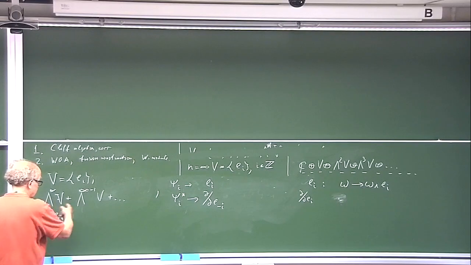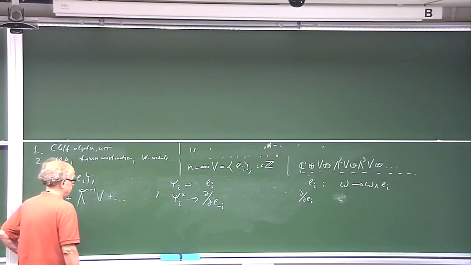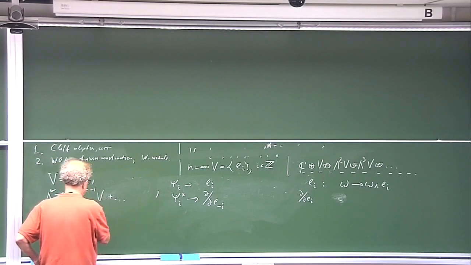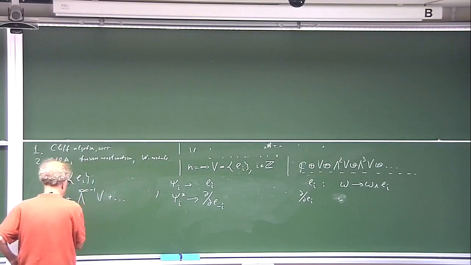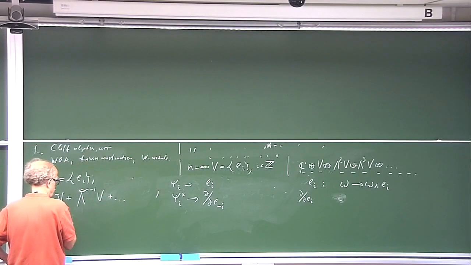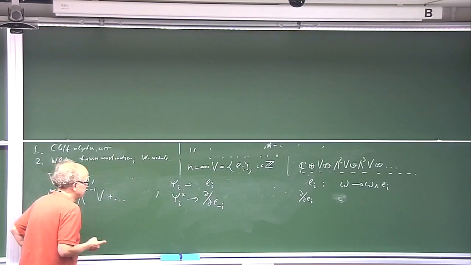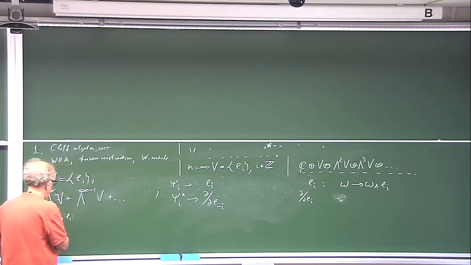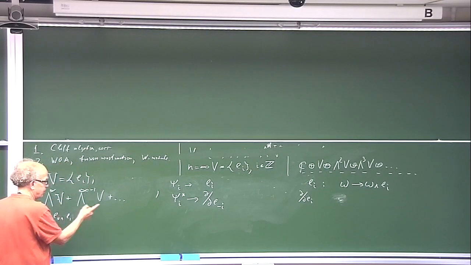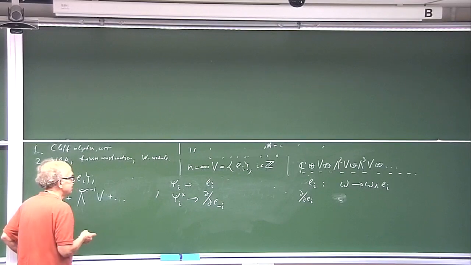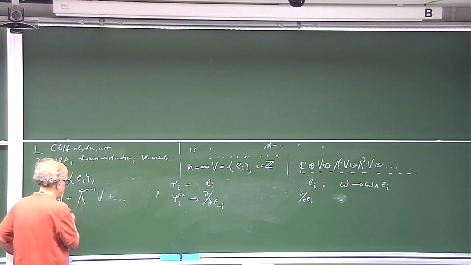Then on this space we also have the action of the same operators, because we can define the product of e_i and the derivation. Maybe for you it is not completely evident, but if you think a little bit, it is easy.